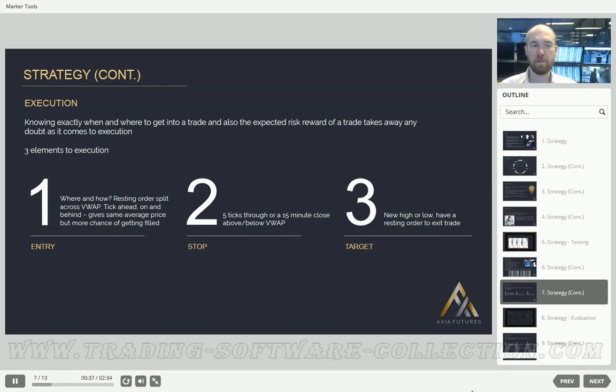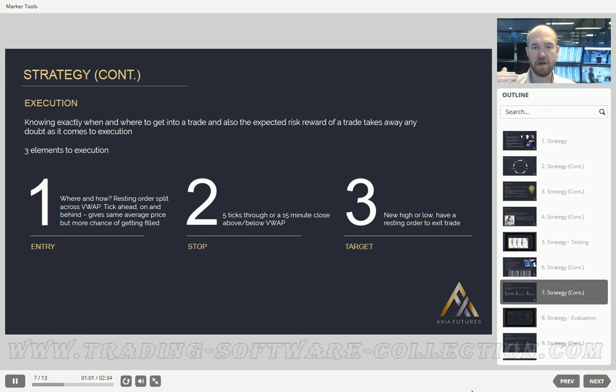So first up, your entry. Where you're going to enter, how you're going to enter. In this case, we're looking for a resting order at the VWAP. What I do is I split the order across the VWAP. So what this does is it means that you will get filled if it gets towards there, or it aids that fill. If it just touches the VWAP, it could end up that you don't actually get filled.